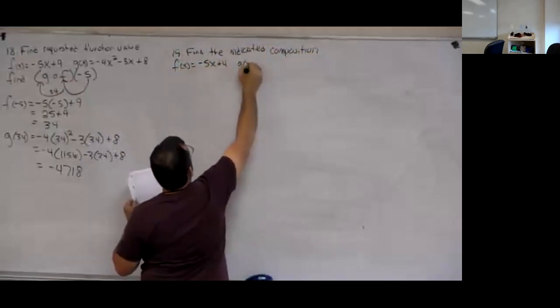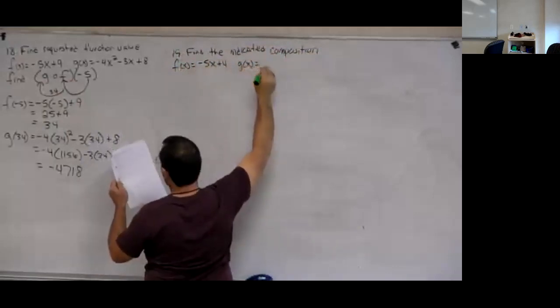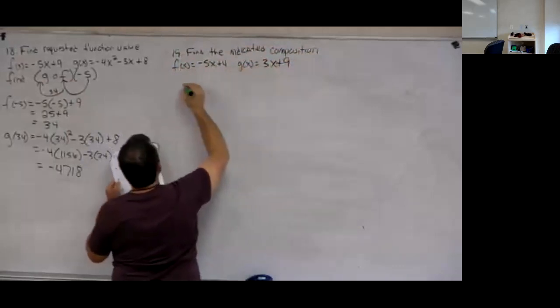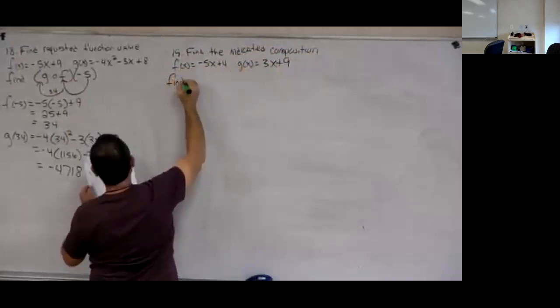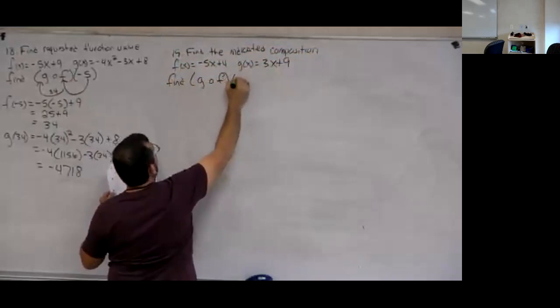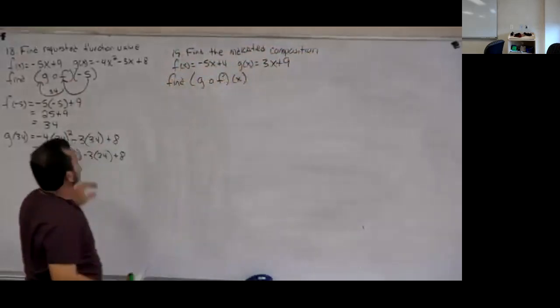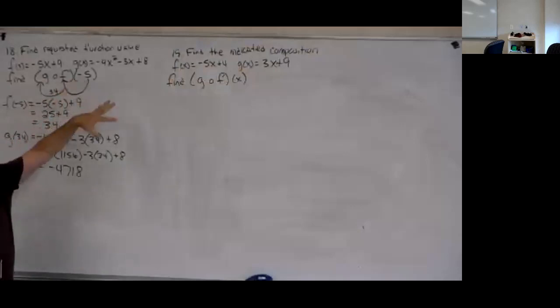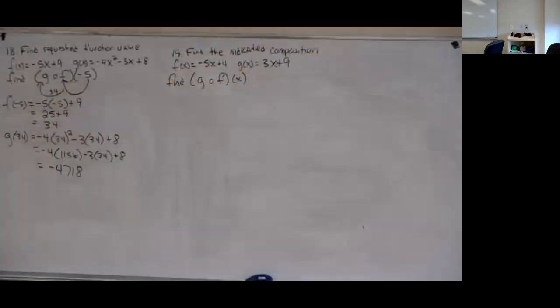G of X equals 3x plus 9. They want me to find G of F of X. So the same type problem, except they're not giving me a number. They're just giving me the X on it. Which means I'll never get a single number answer like this one had, okay?